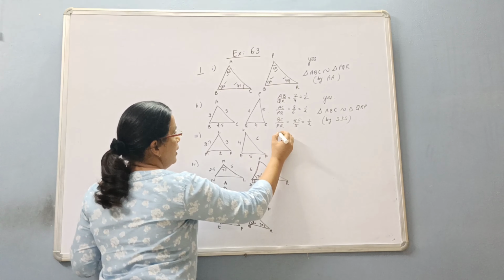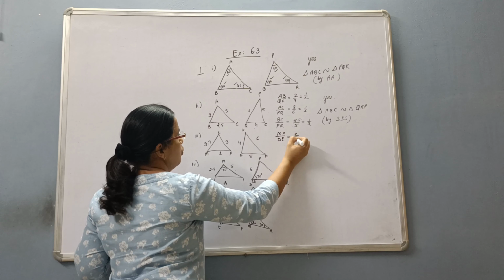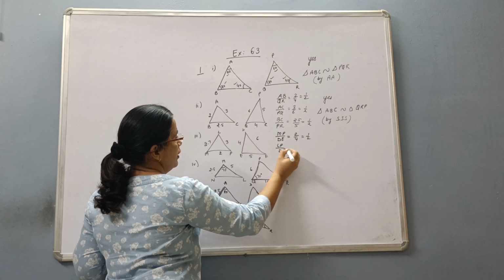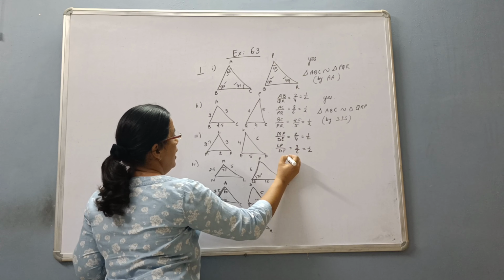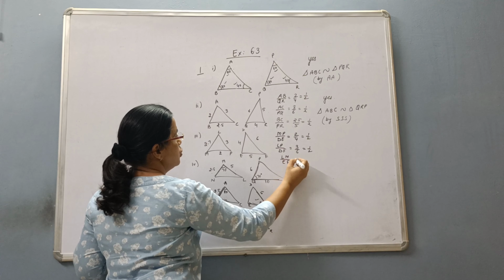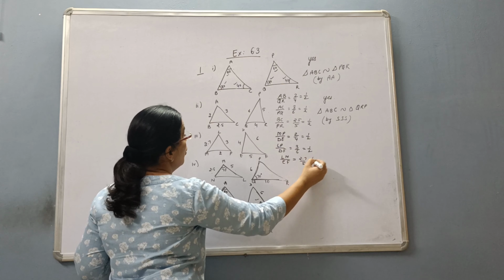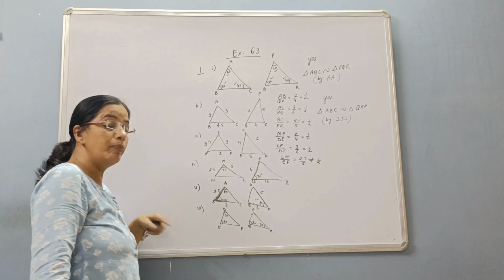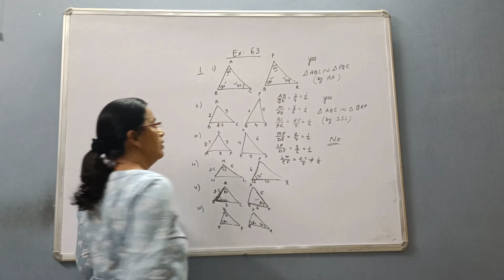Okay, so you can write MP upon DE is 2 by 4, that is 1 by 2. LP upon DF is 3 by 6, that is 1 by 2. But LM upon EF is 2.7 upon 5 and that is not equal to 1 by 2. So, because their sides are not proportional, you can say the triangles are not similar.